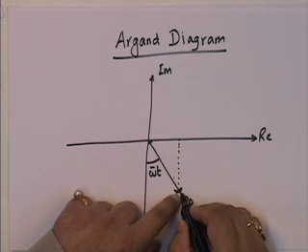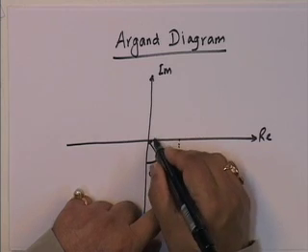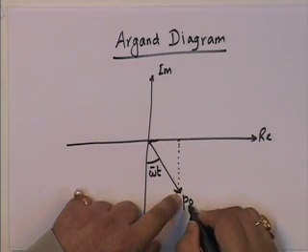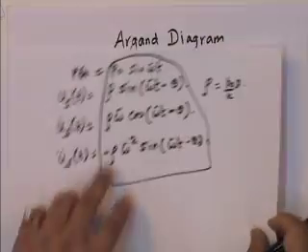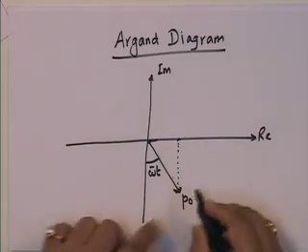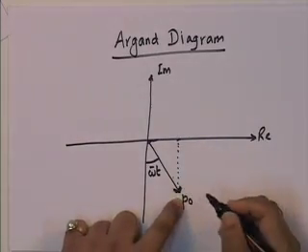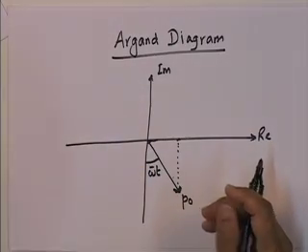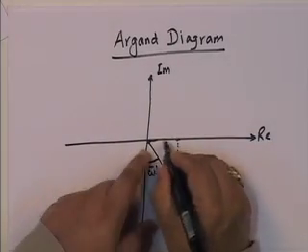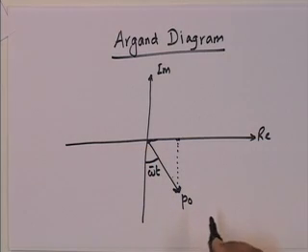If this is P naught, then obviously this part is equal to P naught sine omega bar t. Remember, that is what it is. The load is given in the real axis. So, in other words, this vector in the complex plane represents P naught sine omega bar t, because its real projection is P naught sine omega bar t.